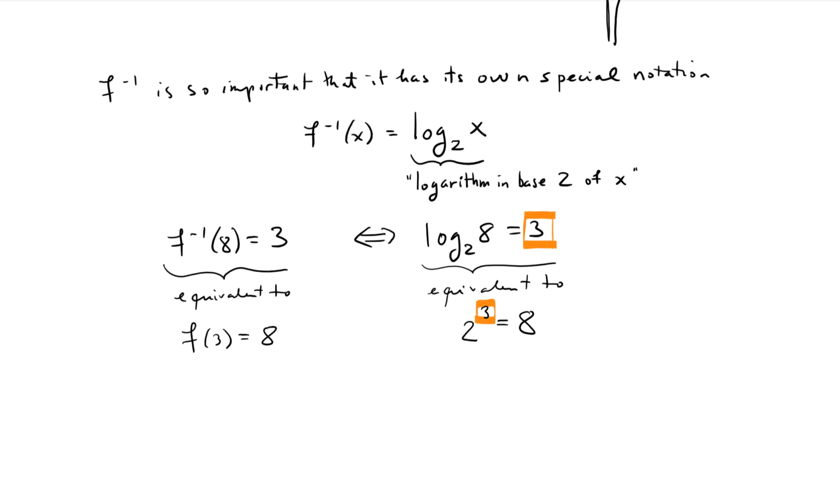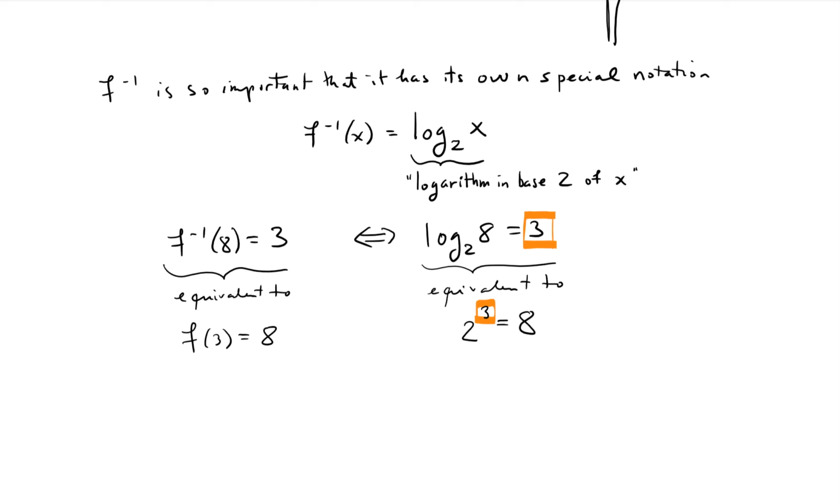Notice how this 3 here, the value of the logarithm, is an exponent. It's the exponent to which you raise the base in order to obtain the input. Okay, so we'll look at some other examples of that later, but I'll remind you of that. A logarithm is an exponent. If you can remember one thing right now, it's this.